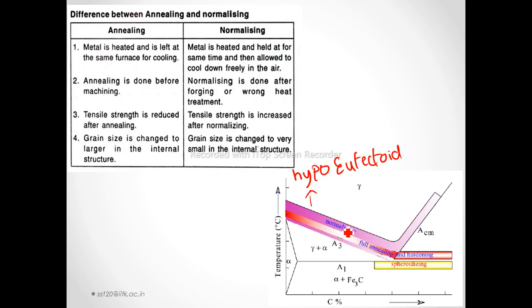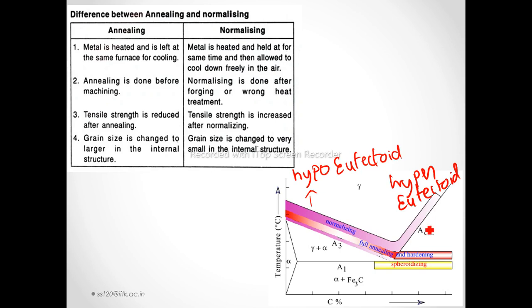Both full annealing and normalizing are heated above the A3 line. Whereas for hypereutectoid steel, it is different. For normalizing, it is heated above the A3 temperature because we are not doing slow cooling.